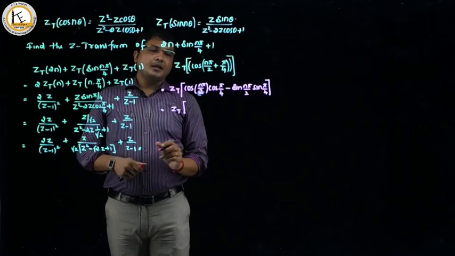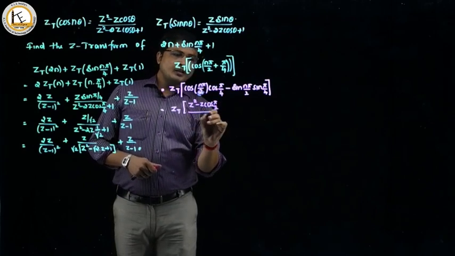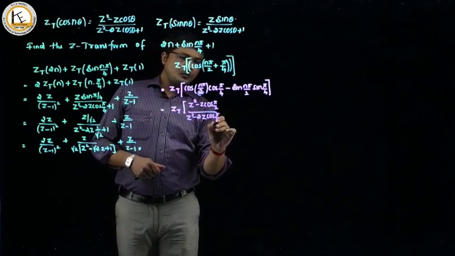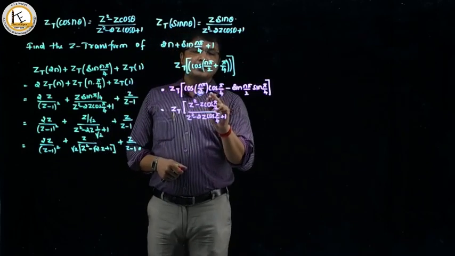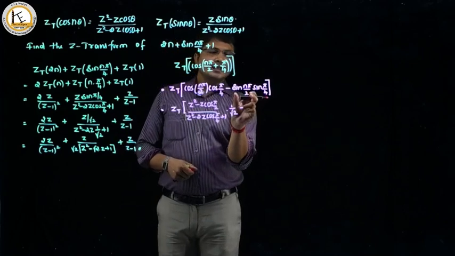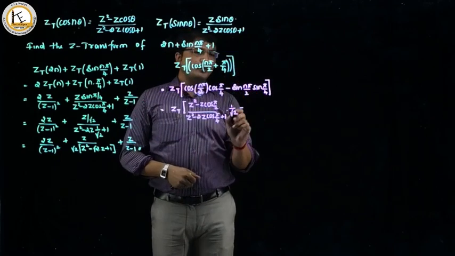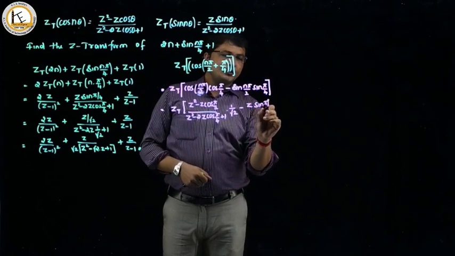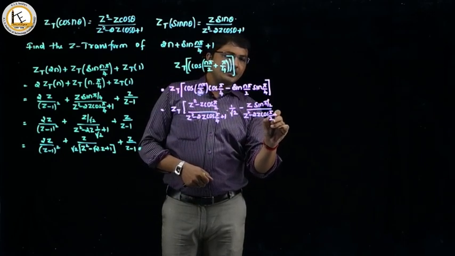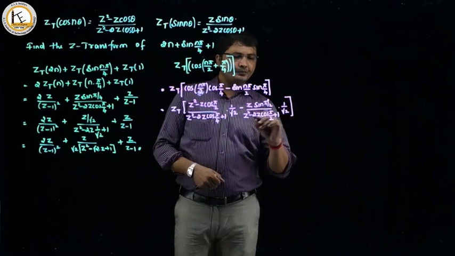So substituting theta as pi by 2, we get z square minus z into cos of pi by 2 divided by z square minus 2z into cos of pi by 2 plus 1, into cos pi by 4, which is 1 by root 2, minus, again comparing sine n pi by 2 with sine n theta, where theta is pi by 2, it becomes z into sine pi by 2 divided by z square minus 2z into cos of pi by 2 plus 1, into sine pi by 4, again 1 by root 2, bracket completes.